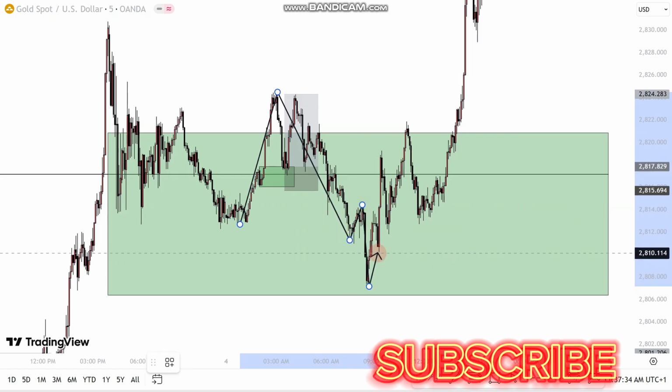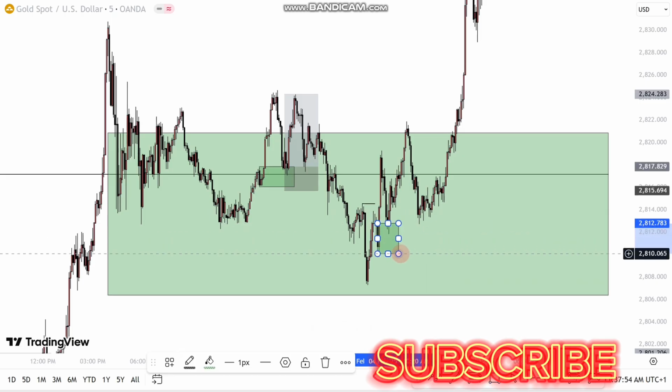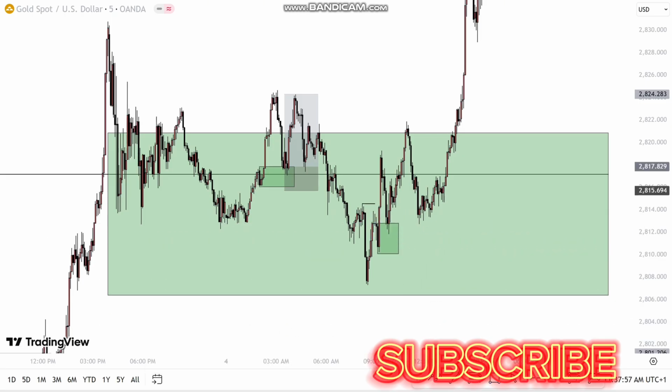Then what price did here is created this internal demand, then broke structure to the upside. Then what happened? Upon this change of character, you can see here, we should take note. Alright, so this change of character happened and it presented a very nice demand area to actually look for buys.